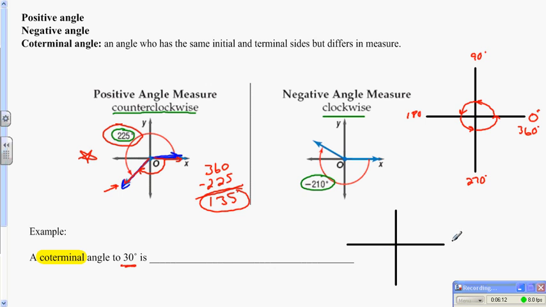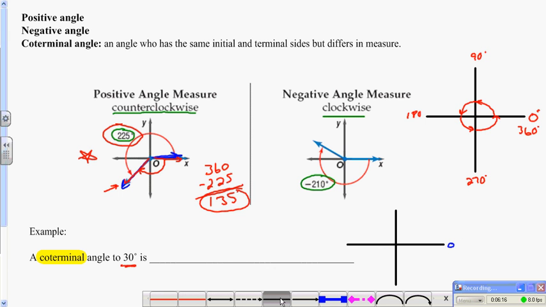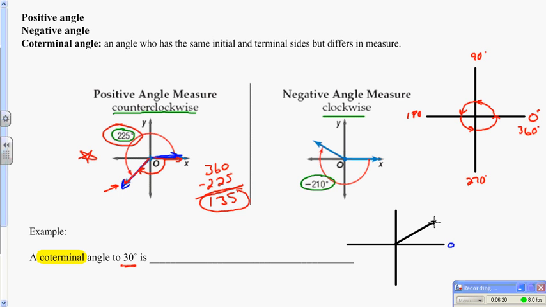So for example, here's 0, 30 degrees would be about, that's 45, so about there looks good. We said that that represents 30 degrees. Then how do we get there from a different direction?